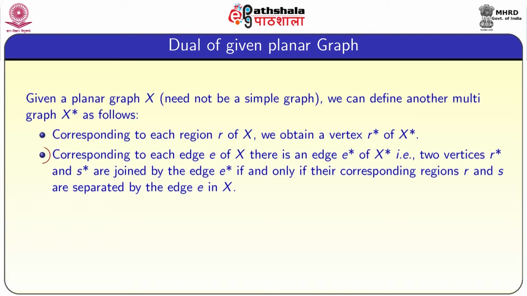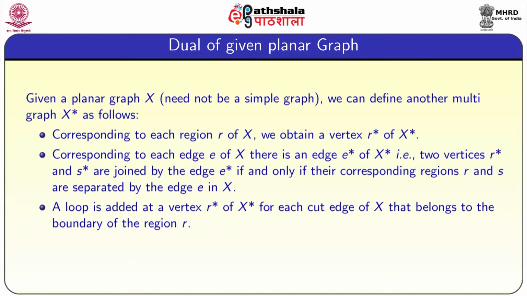Corresponding to each edge E of X, there is an edge E star of X star, that is, two vertices R star and S star are joined by an edge E star if and only if their corresponding regions R and S are separated by an edge E in X. A loop is added at a vertex R star of X star for each cut edge of X that belongs to the boundary of the region R.